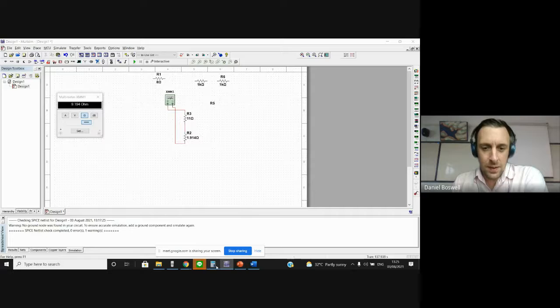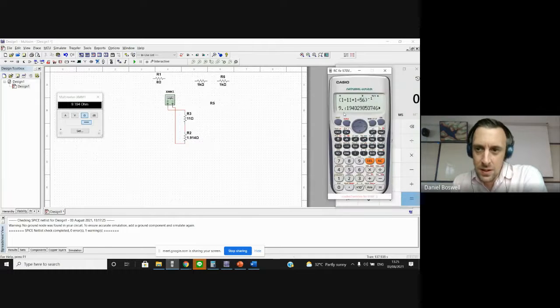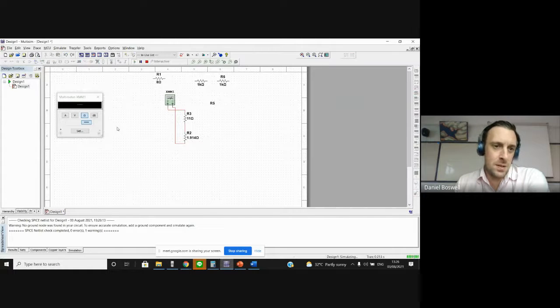Let me just make sure that we have this right. 9.194. Good. Now we know in our series circuit, we just add these together. Simple. So we would do 11 plus 1.914 equals 12.914. Let's hope we're right. 12.914 is our total resistance.